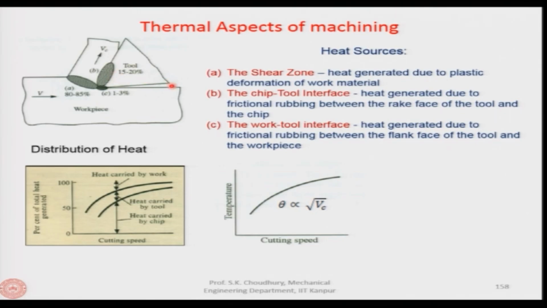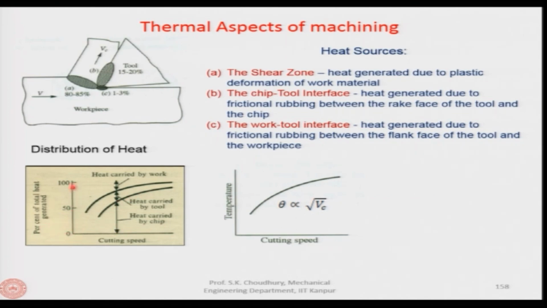Now, earlier also we have discussed that when the cutting velocity or cutting speed increases, then the temperature increases non-linearly. So, theta is proportional to root over Vc. Therefore, when the cutting speed is increasing, the heat increases.